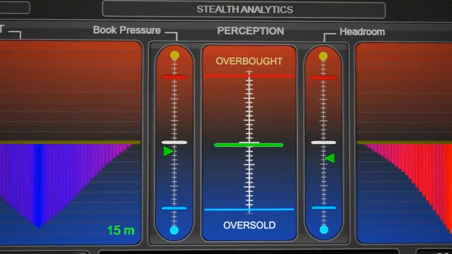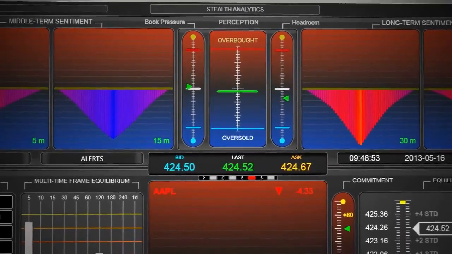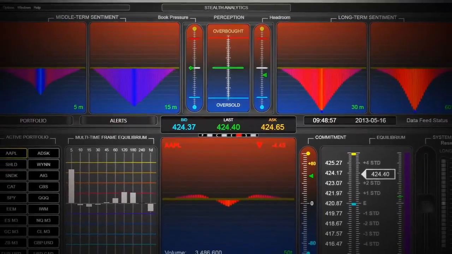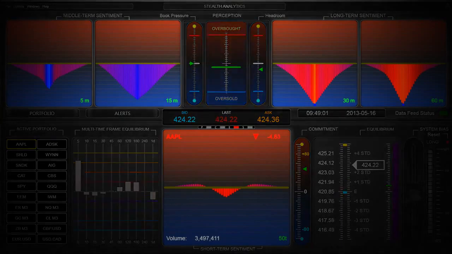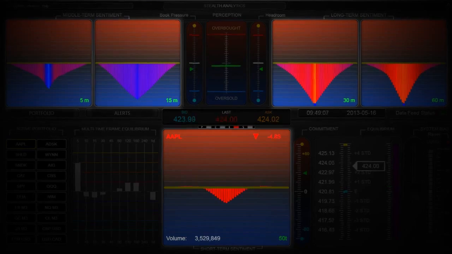So what gives you this knowledge and this trading advantage? The answer? Stealth and our proprietary and world's only real-time sentiment spectrum gauges. They measure market participants' order placing activities and they extract sentiment over multiple time frames. Now, you have 5 sentiment gauges on your Stealth Analytics dashboard. Each of them reads the sentiment of traders in a specific time frame.